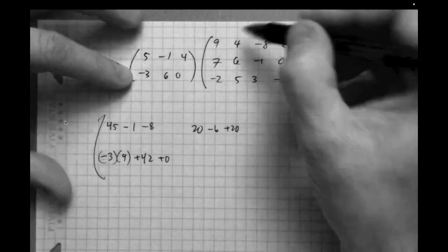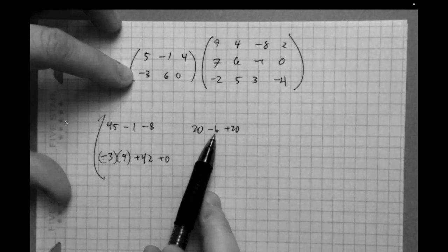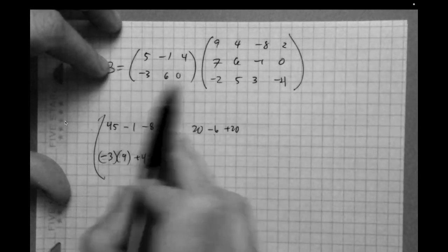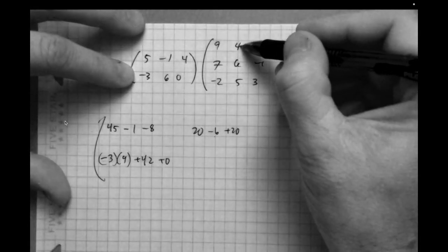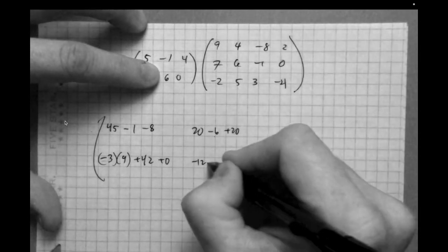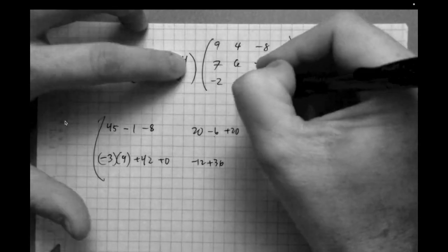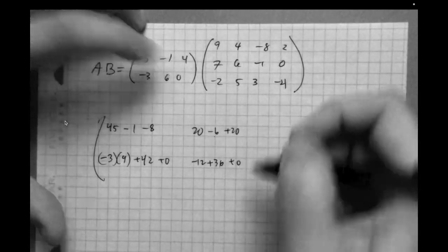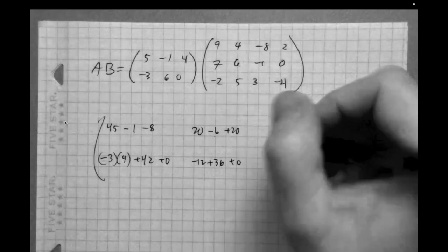That gives me the 1, 2 entry. Now I need the 2, 2 entry, so second row, second column. So -12 plus 36 plus 0. Now I'm half done already.